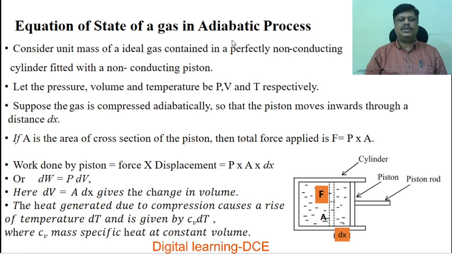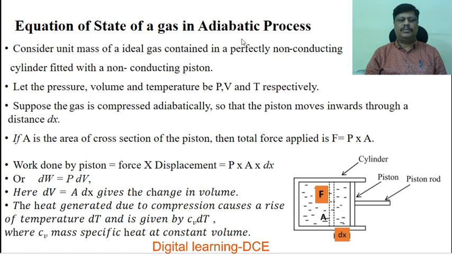That is, dQ is equal to 0. So what is the equation of state of a gas in an adiabatic process? The equation of state of a gas in an adiabatic process gives the state of the adiabatic process at any instant of time.